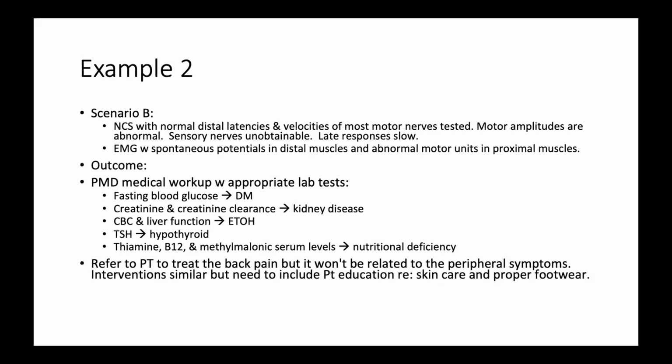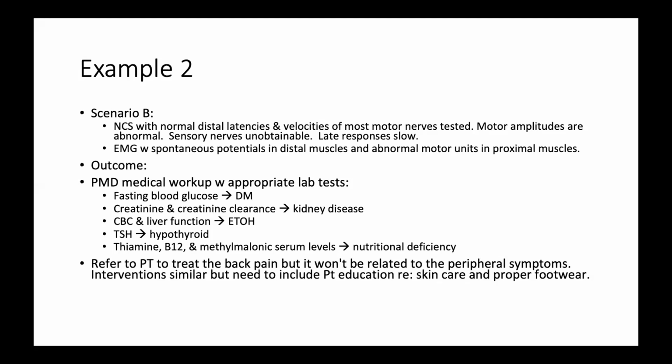The gastroc is a very easy and very reliable S1 muscle, but the gastroc could be abnormal in polyneuropathy, which it was in this case, or it could be abnormal in radiculopathy. So one particular muscle or 1 or 2 muscles wouldn't tell you that it's spinal versus polyneuropathy. It's the pattern of findings.